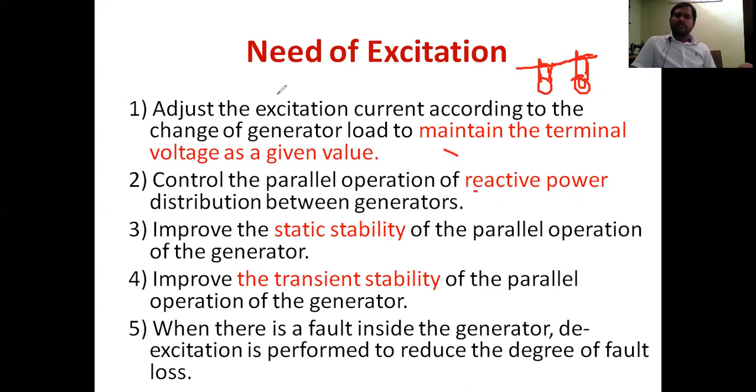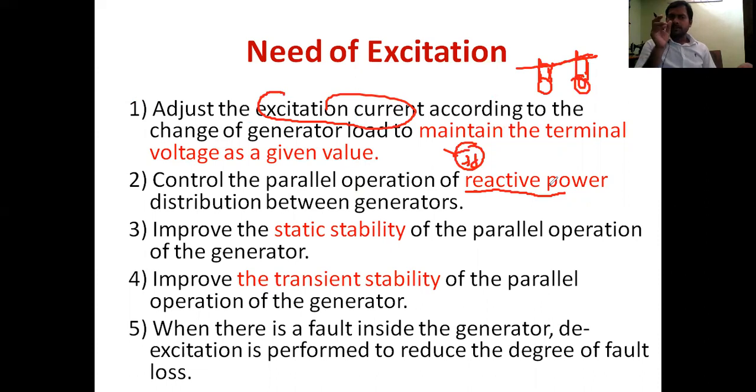But if you adjust the excitation current, the field current, this reactive power will be controlled. If you increase the excitation current, the reactive power will increase. If you decrease the field current, reactive power will decrease.